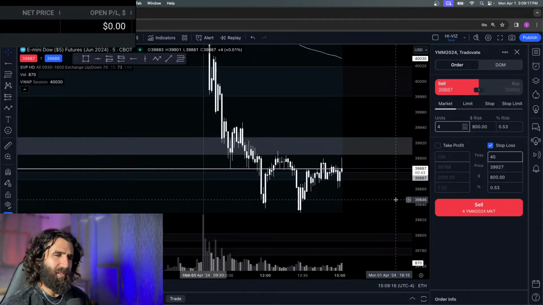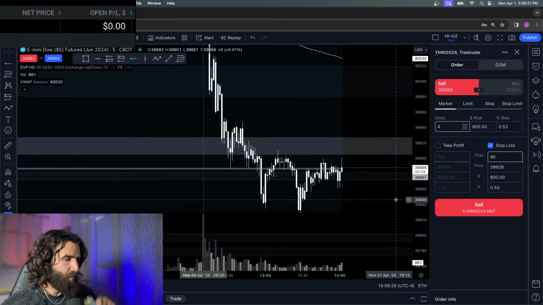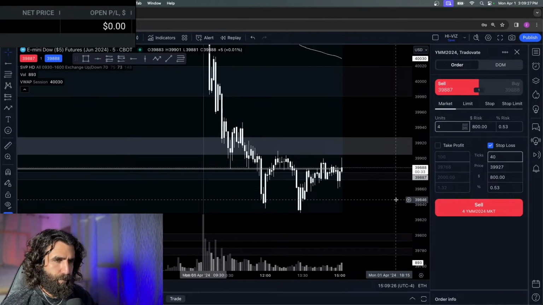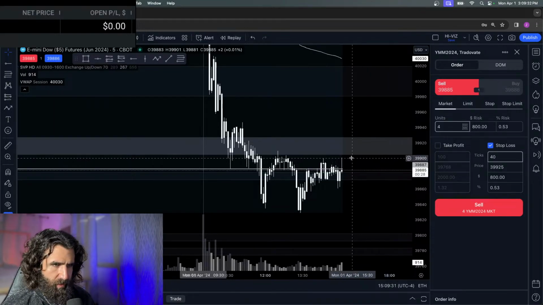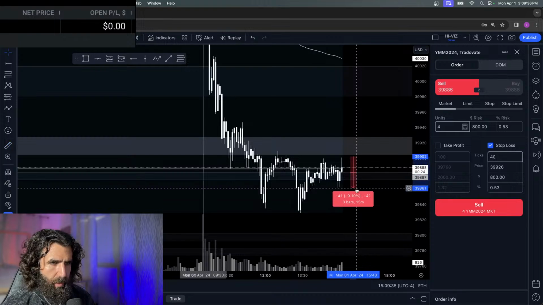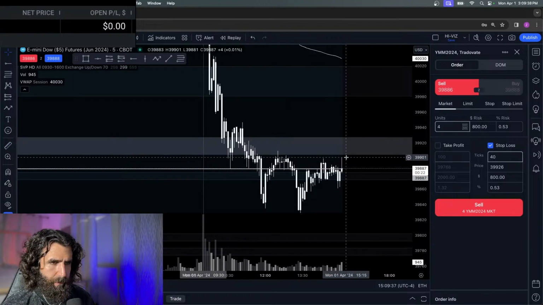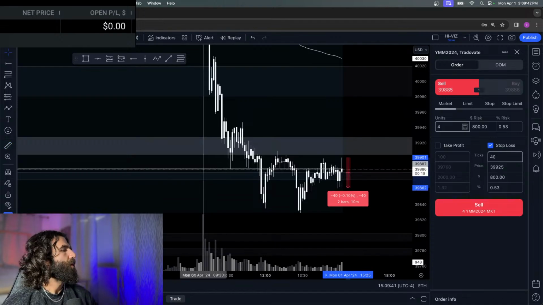We'll just see what it does. Might be able to put a little bit more size on, depending on how big our stop has to be. Let's see what we get here.